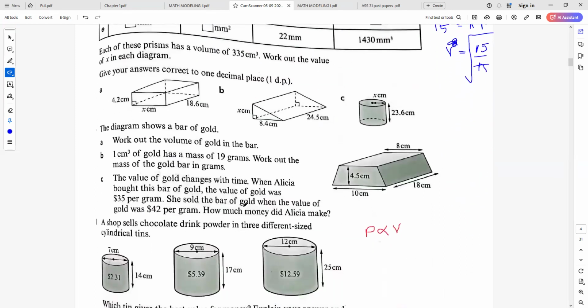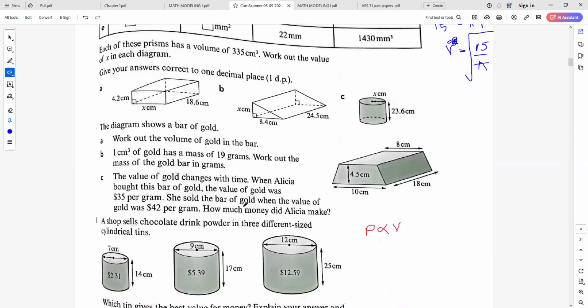Now, each of these prisms has a volume of 335 centimeters cubed. Work out the value of X in each diagram. Here that is very simple, right?